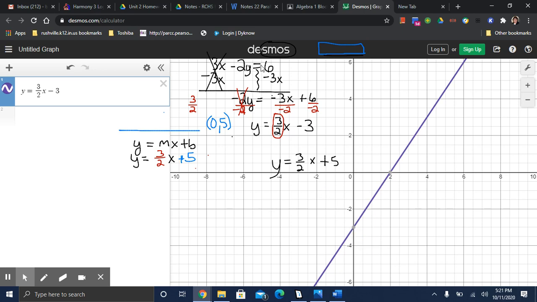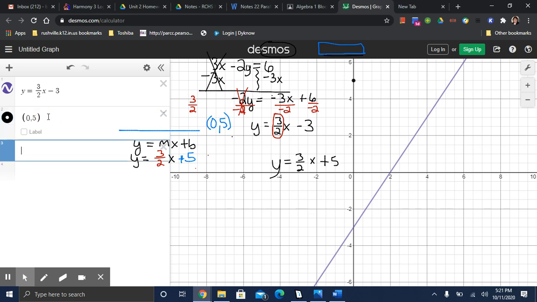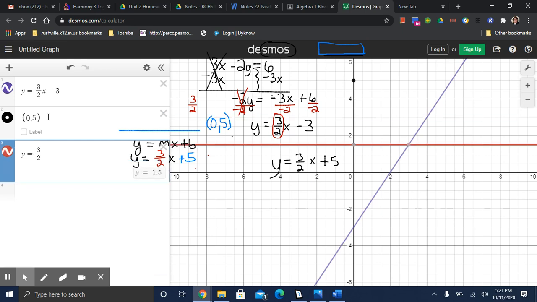I had to take it and solve it for y. And then I'm looking for a line parallel to that went through the ordered pair 0, 5. And so I needed a line that is clear up here, parallel to this one. And we found by doing our algebra that y equals 3/2 x plus 5.